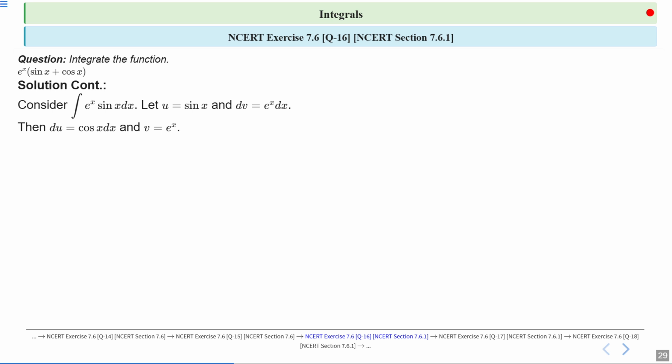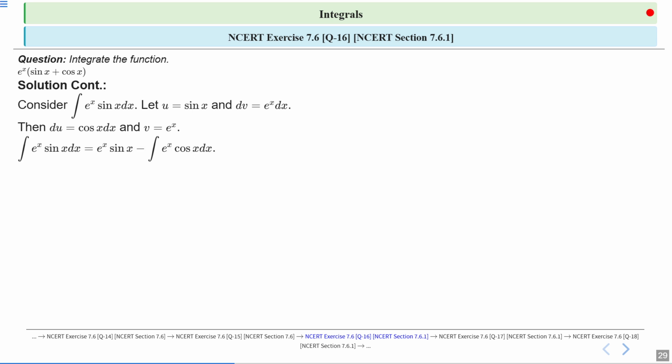So by the Euler rule, u is equal to sin x and dv is equal to e^x dx, as the trigonometric function comes first, then the exponential in the Euler rule. To find the value of du, we just differentiate function u with respect to x. So the value of du is cos x dx, and to get the value of v, we integrate dv, and integration of e^x is again e^x.